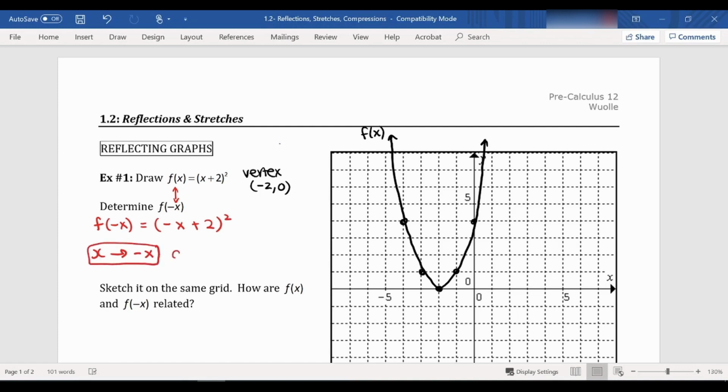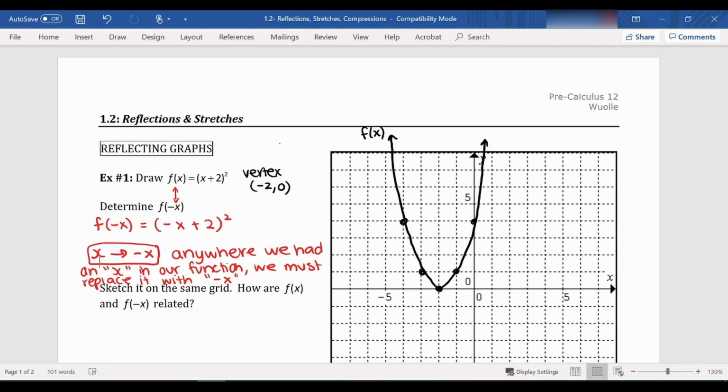And what this means is anywhere we had an x in our function, we must replace it with -x.